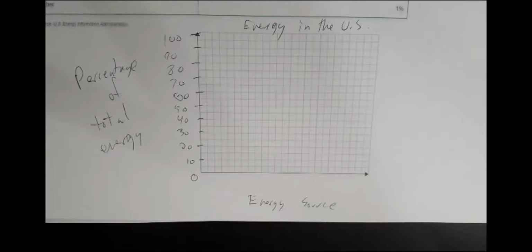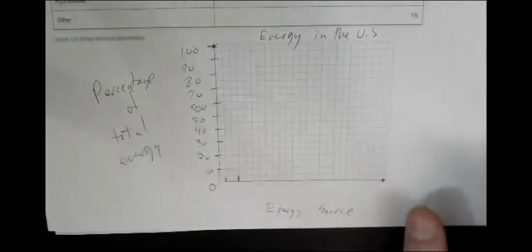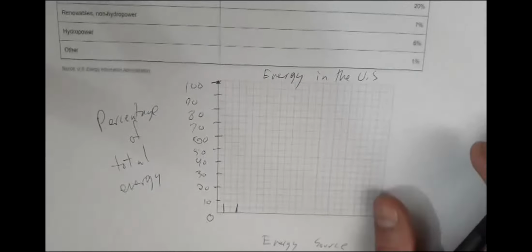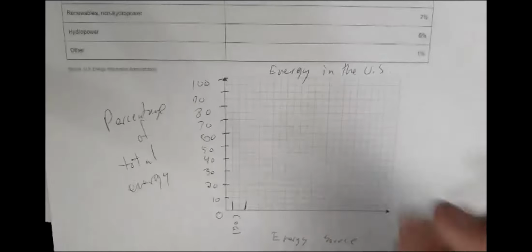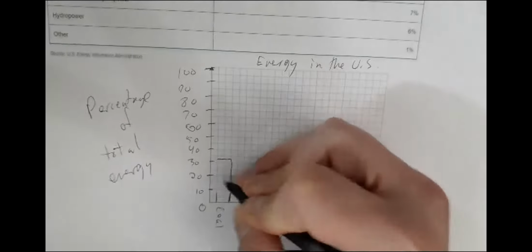Okay, so I want to do these. First thing I want to do is coal. Does it say in descending order? No, okay. The first thing I'm doing is coal. It's right at 33%. The next thing I'm doing is natural gas.